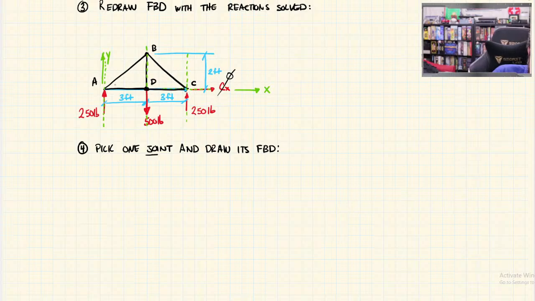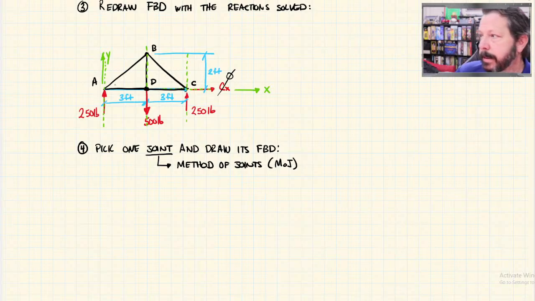Okay, so this is called the method of joints. A lot of times I write MOJ just so I don't have to write method of joints every time. All right, so it doesn't matter.